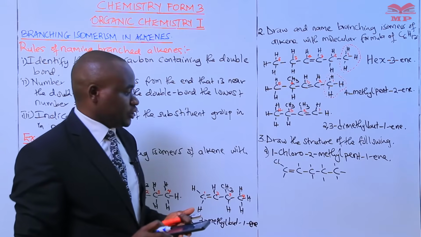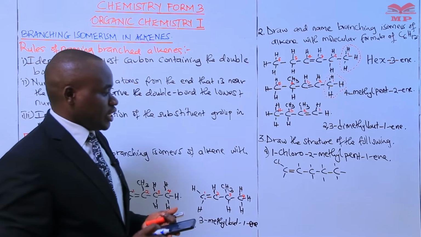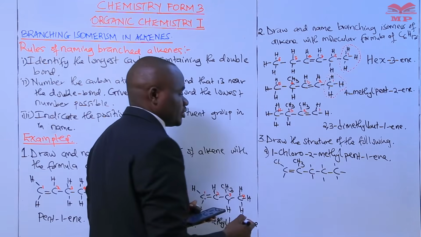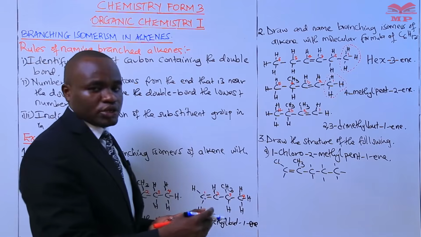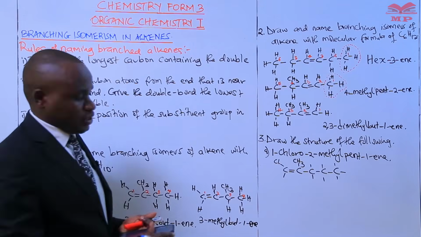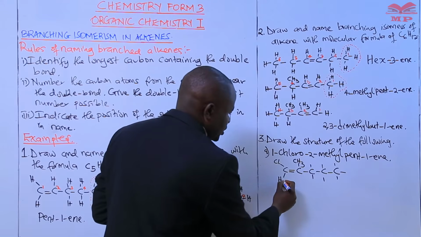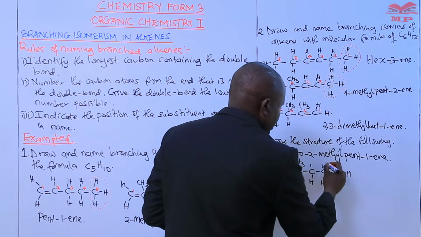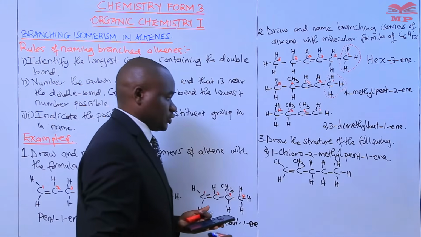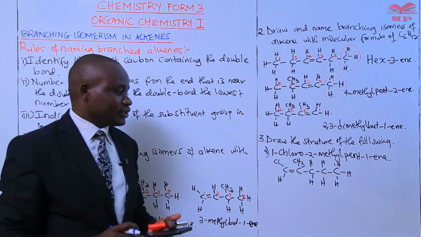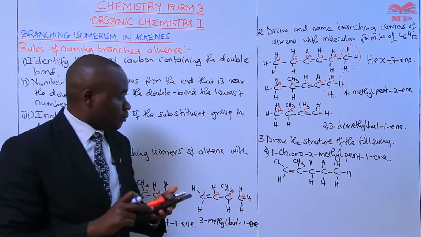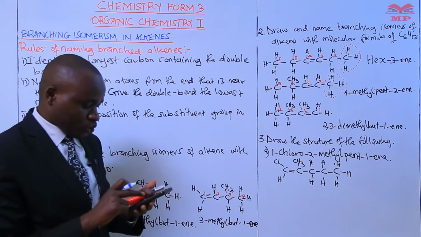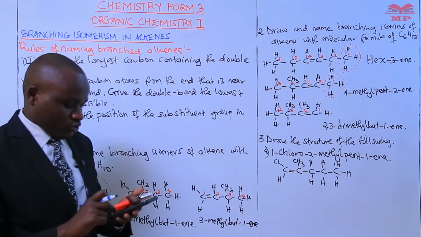So I check carbon number 2 and indicate there a methyl. Carbon number 2 is this one, CH3, that is the methyl. After putting the branches, you can finish by putting the hydrogen atoms. The rest are hydrogen atoms like that. So that is the structure of 1-chloro-2-methylpent-1-ene.